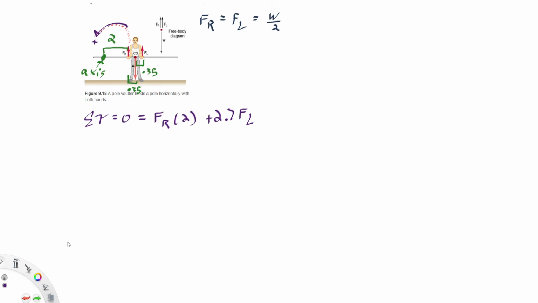So where we imagine the axis of rotation to be makes a huge difference in which forces produce positive or negative torques. So if the axis is where we've chosen it in green, then the only negative torque is actually caused by the weight.